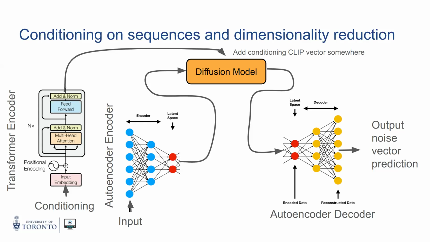Anyone know how to do this without cheating and looking at the slide? Any ideas? Okay. Is anyone familiar with CLIP or heard of CLIP embeddings before? Okay. So I'm not going to talk about CLIP then, because this is just going to make this more confusing.